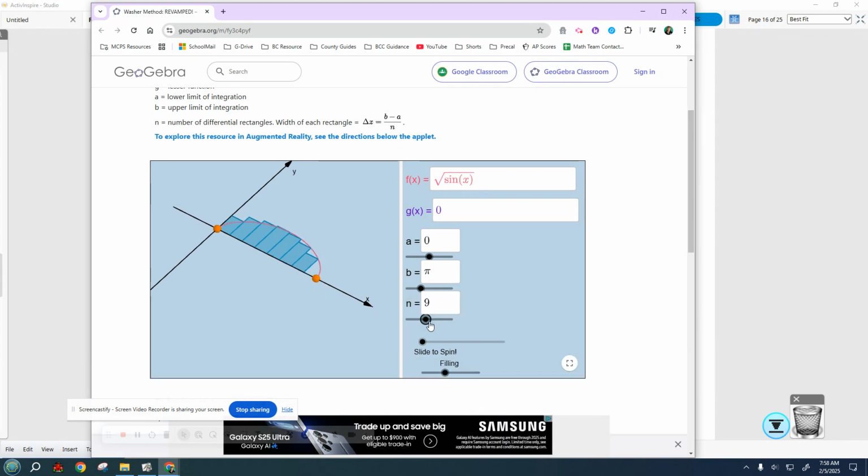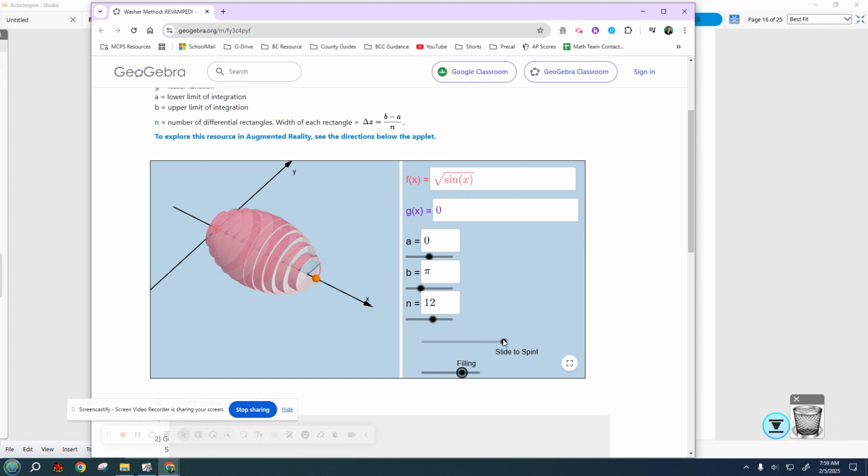I can make them skinnier so it looks more like a solid. But what we're doing is spinning it and trying to find the volume of basically an egg. Does that make sense? I don't know if the visualizing helps, but so we're going to spin it.